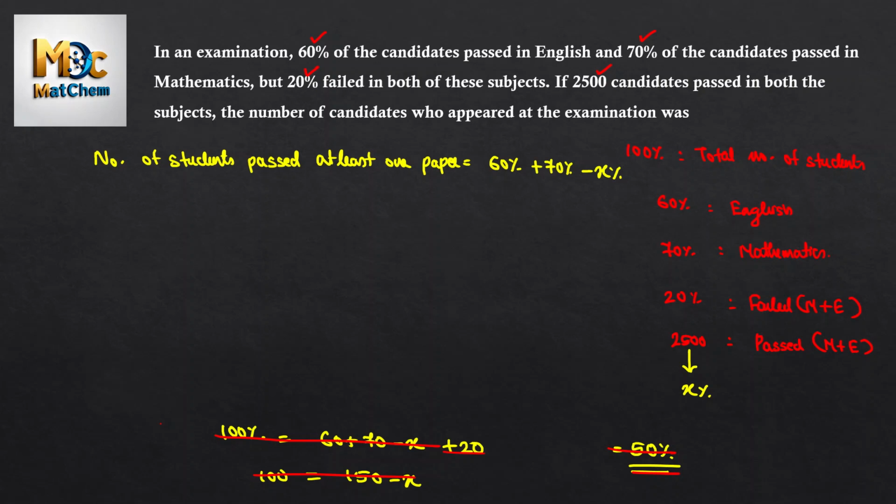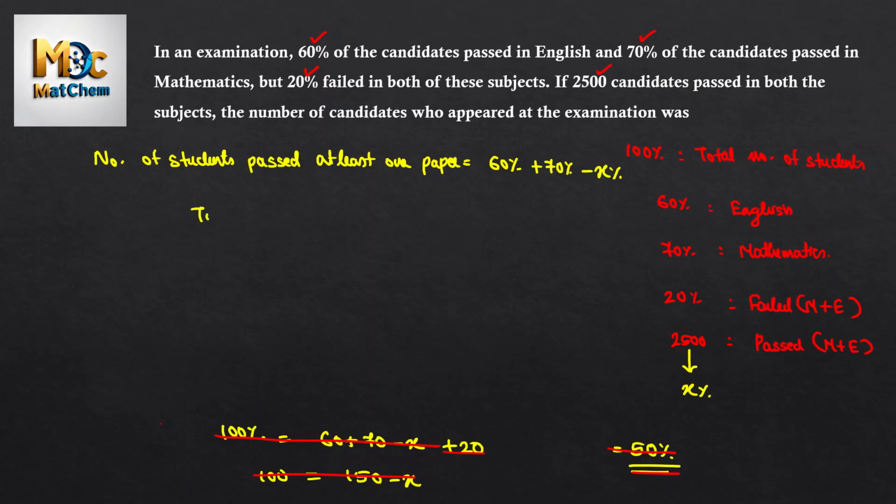When you consider the percentage of students who passed in mathematics, that also includes the students who passed both. So the same percentage is taken two times. That is why, in order to balance it, we need to reduce the common percentage one time. Clear?